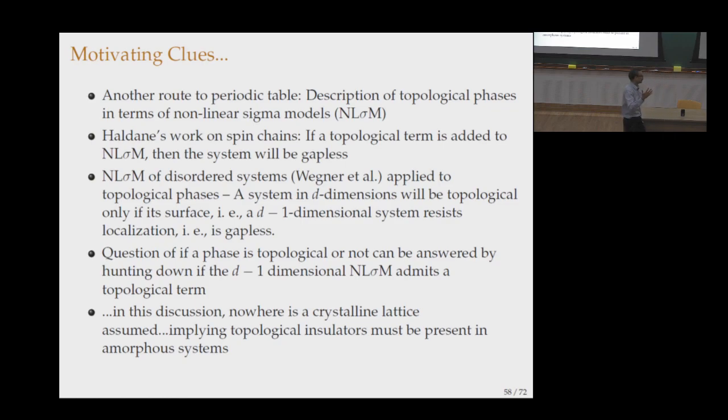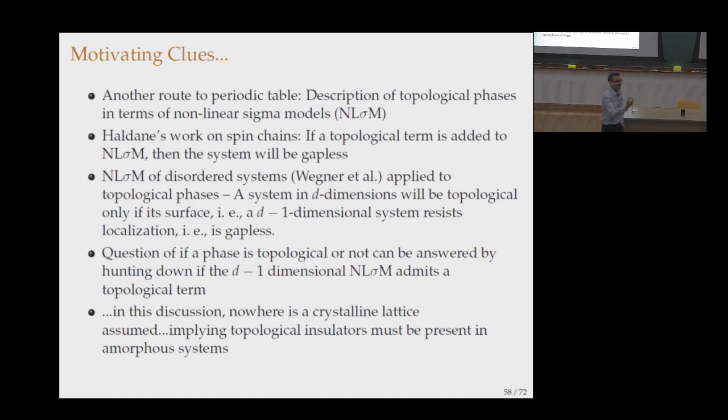There is a different perspective on this, which starts by the statement that a topological insulator in d dimensions is something that is insulating in the bulk, but its d-1 dimensional surface is always, quote unquote, metallic. That means that it has transport without localization. Localization is like disorder localizing particles.